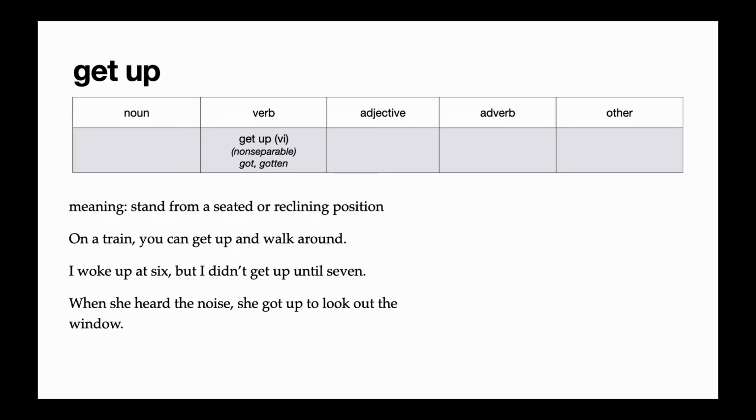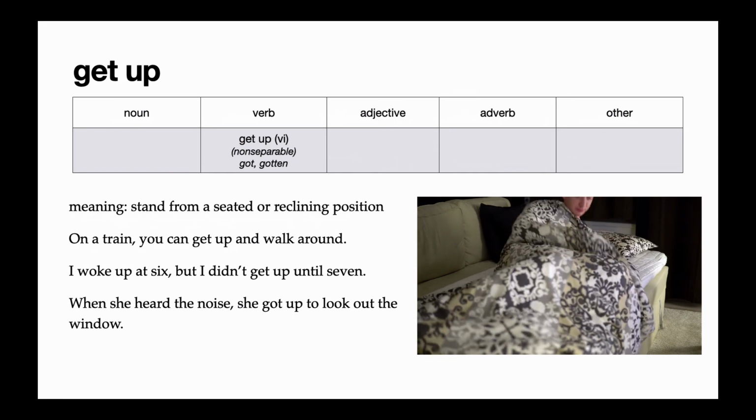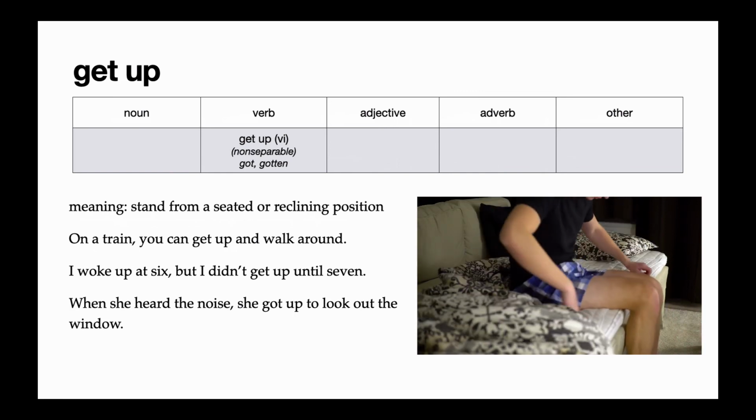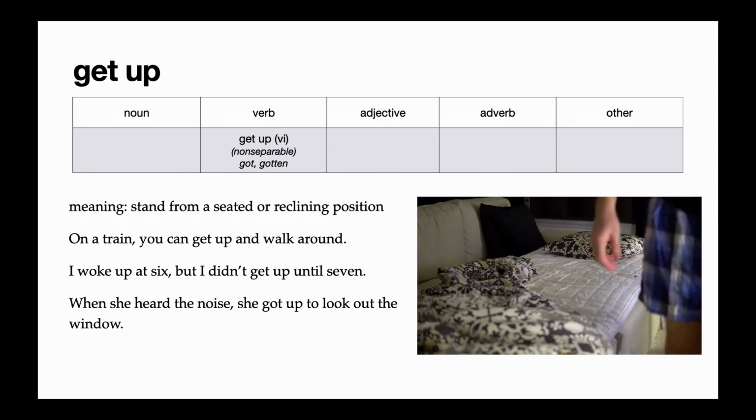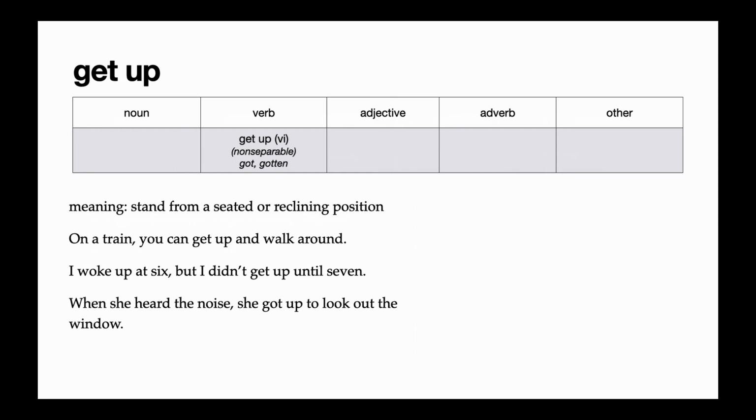Next, we have the phrasal verb get up. Get up means to stand from a seated or reclining position. Reclining means you're lying down. So I said on a train, you can get up and walk around. In our second example, I woke up at 6 but didn't get up until 7. So that means at 6 o'clock you woke up, you're no longer sleeping, but maybe you stayed in bed for another hour and you didn't get up until 7.